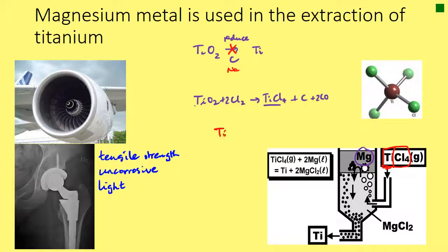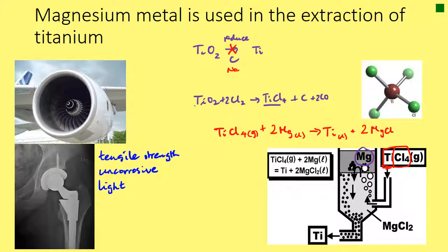We've got titanium chloride that we've made, and we've put that into a gas form, and you add some magnesium to it. You have to liquefy the magnesium first, and then you get this displacement reaction where the titanium comes off as a metal, a liquid at this temperature, and you've also got your ionic magnesium chloride.